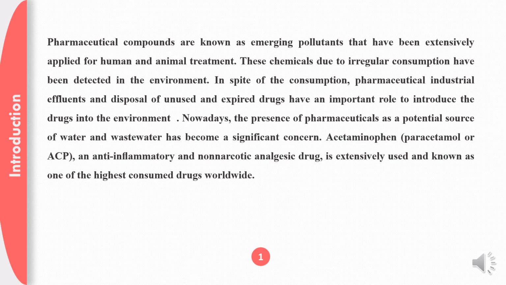Nowadays, the presence of pharmaceuticals as a potential source of water and wastewater pollution has become a significant concern. Acetaminophen, paracetamol or ACP, an anti-inflammatory and narcotic analgesic drug, is extensively used and known as one of the highest consumed drugs worldwide.